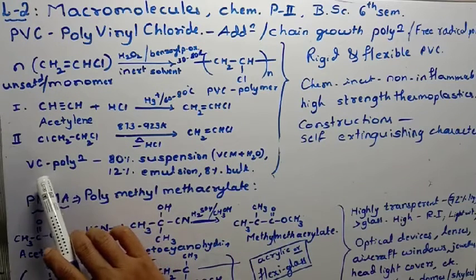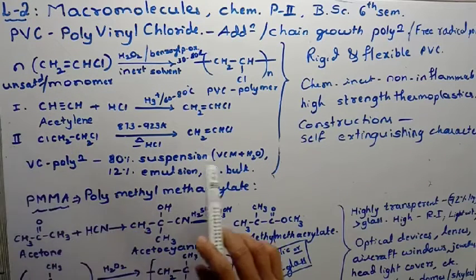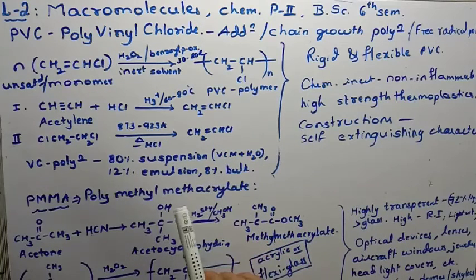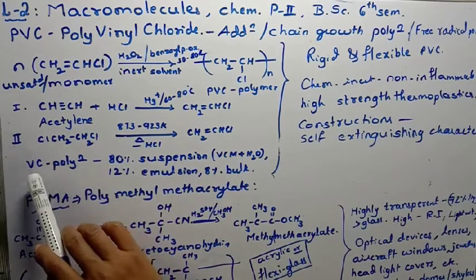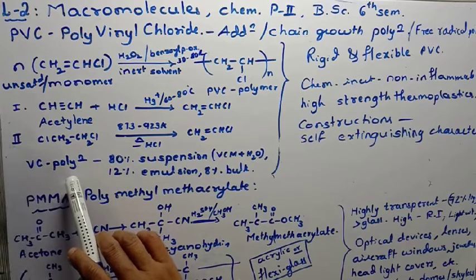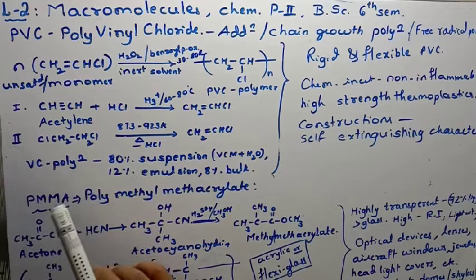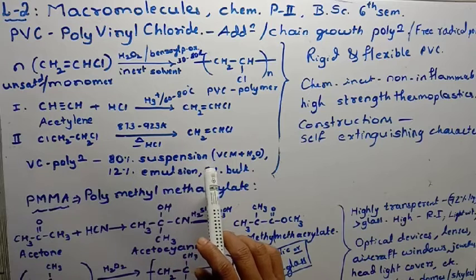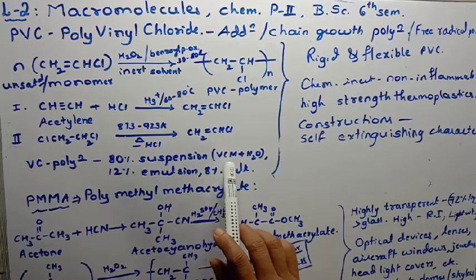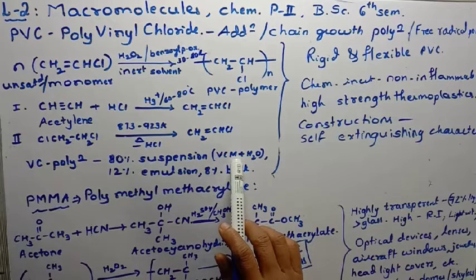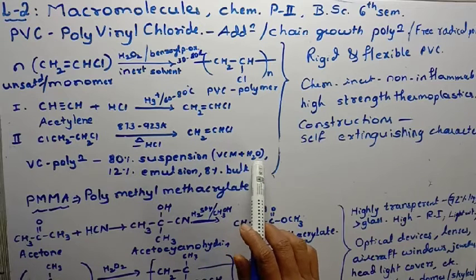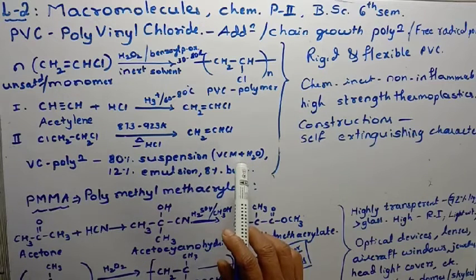Usually it follows the free radical addition polymerization reaction mechanism. But vinyl chloride polymerization follows 80% suspension polymerization, that means where the vinyl chloride monomer plus water is subjected to heating.